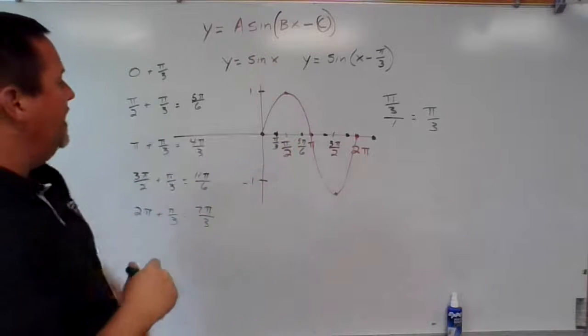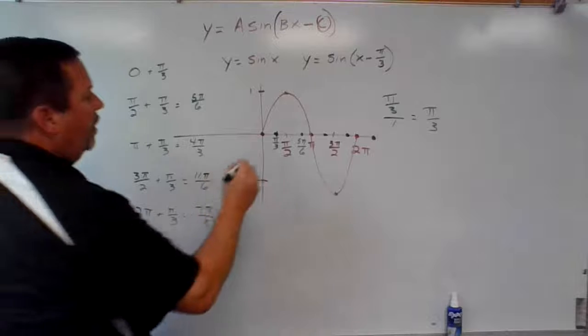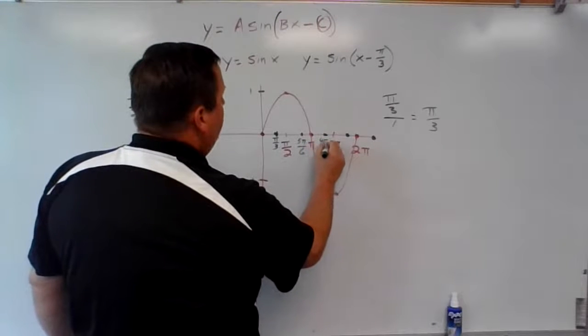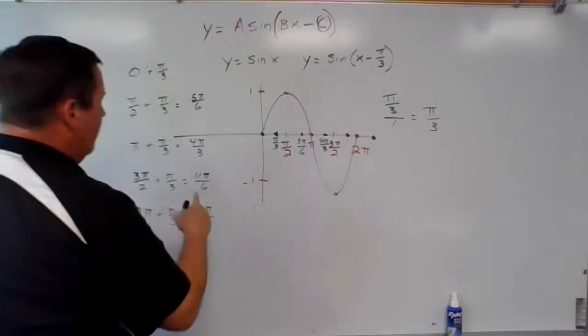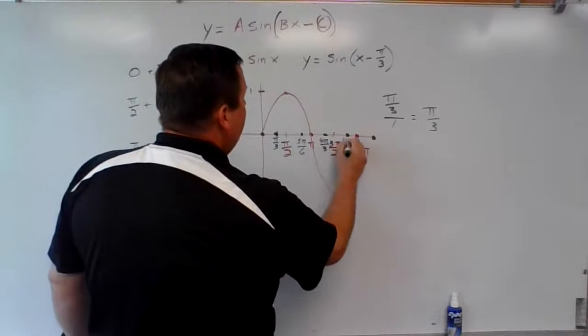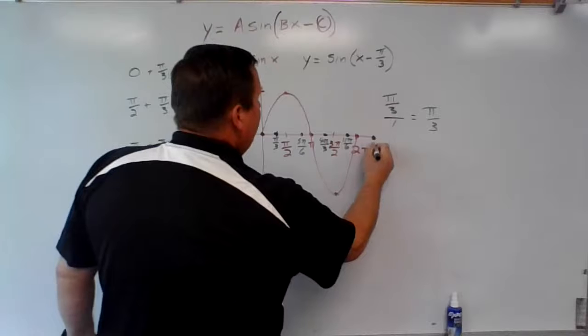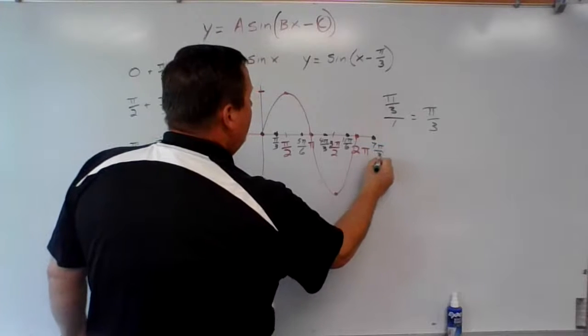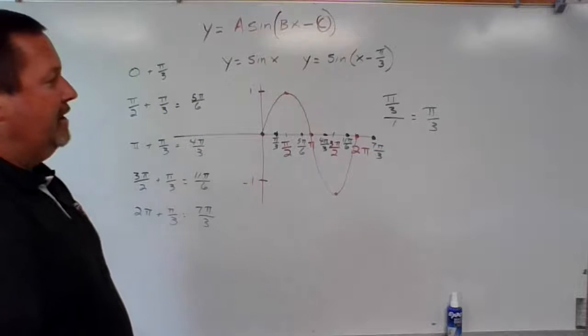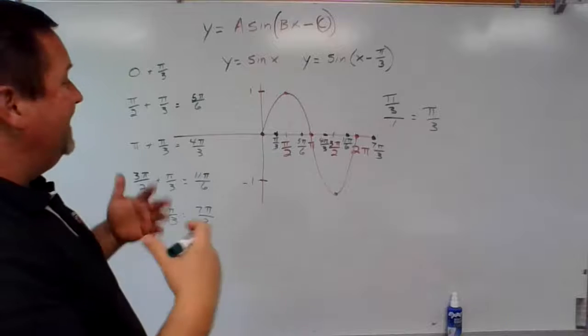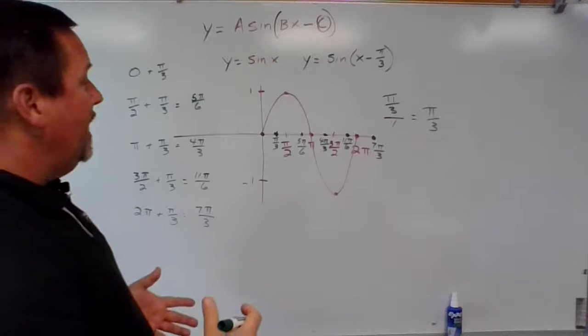So just labeling these, again, might be the trickiest part. 4 pi over 3, 11 pi over 6, and 7 pi over 3. And so otherwise, it's the same shape. It's the same process.